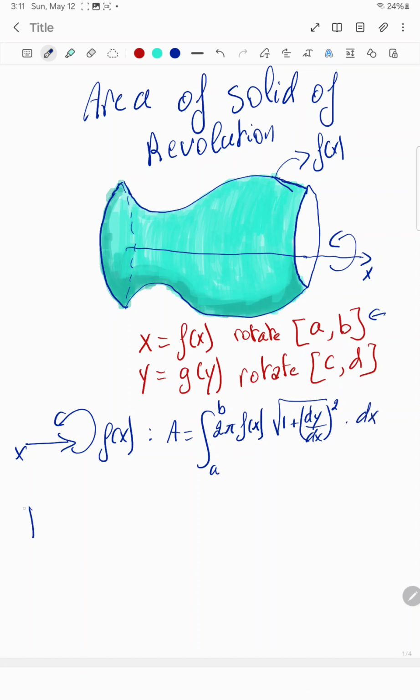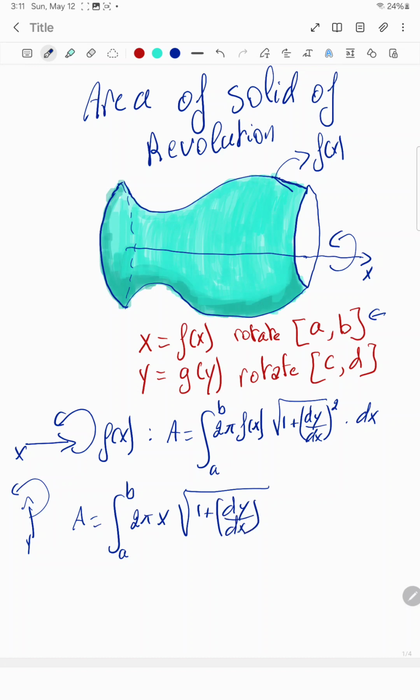But if I'm spinning f of x around the y-axis, there is another formula: the area is equal to the integral between a and b of 2 pi x times the square root of 1 plus dy over dx squared, times dx.